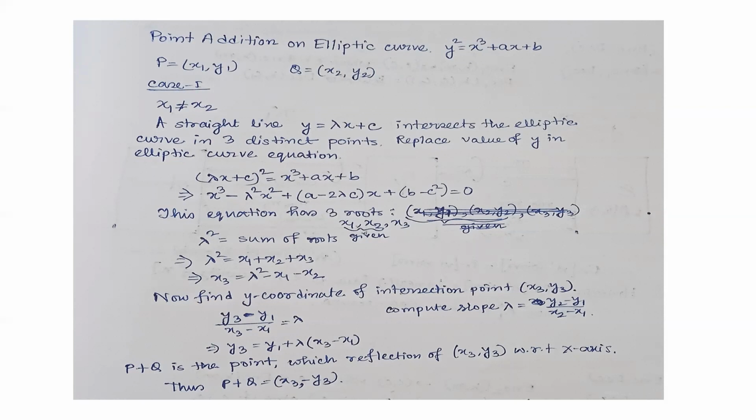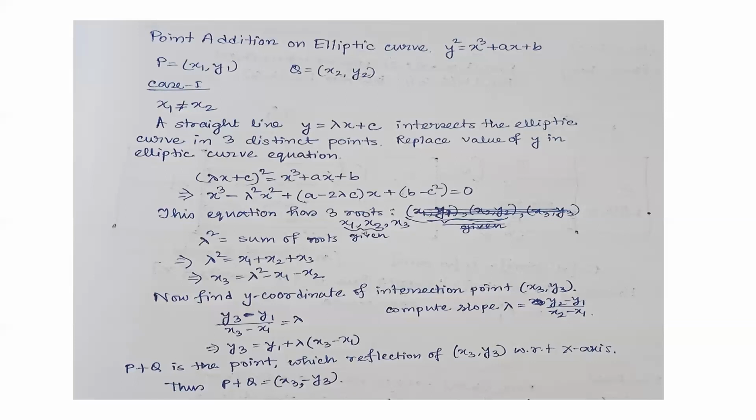And the third case is x1 equal to x2 and y1 also equal to y2. So it is the same point basically. We are adding P with P itself. That is the third case. There will not be any fourth case, which you might think of: what if x1 is equal to x2 and y1 is not equal to y2, neither is it y1 equal to minus y2.